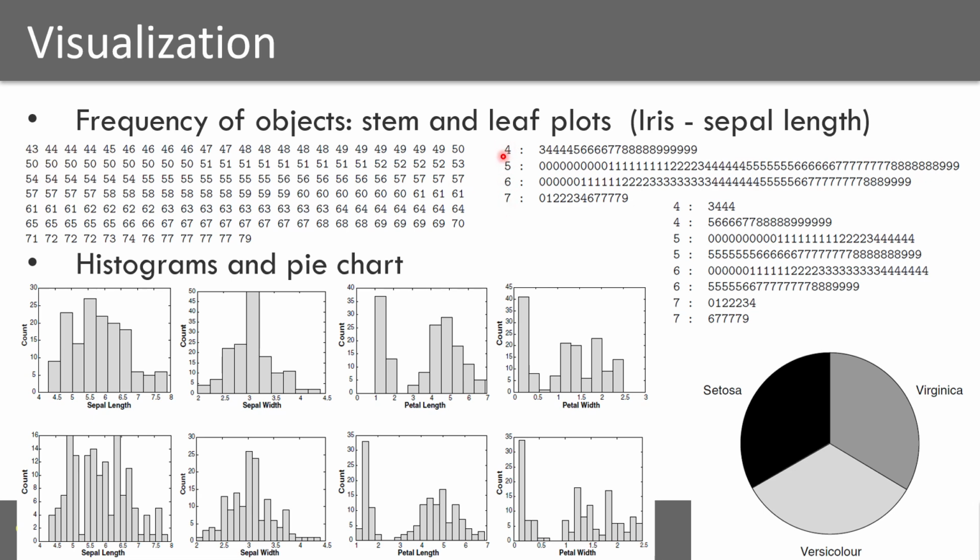So we have 40, 50, 60, and 70 millimeter lengths, and then there is one which has 43, and then there are 4 which have 44, and then there is 1 for 45, and 4 for 46, 2 for 47, 5 for 48, and 6 for 49.